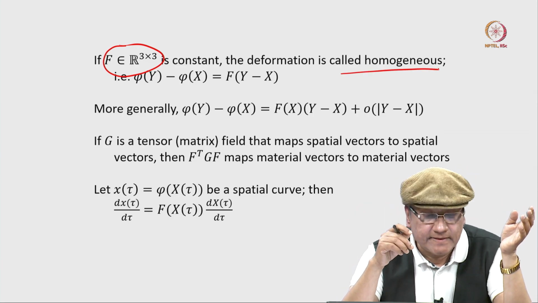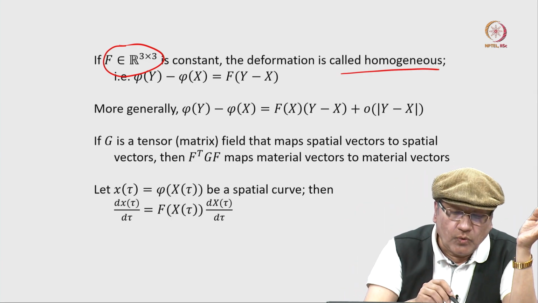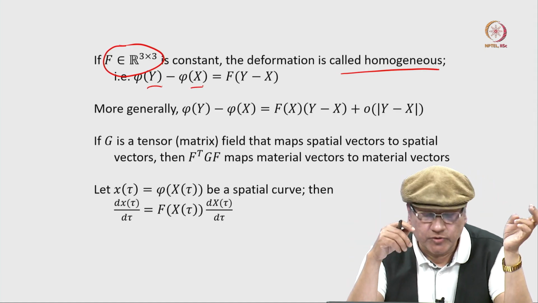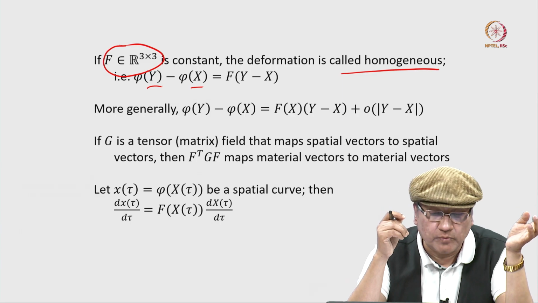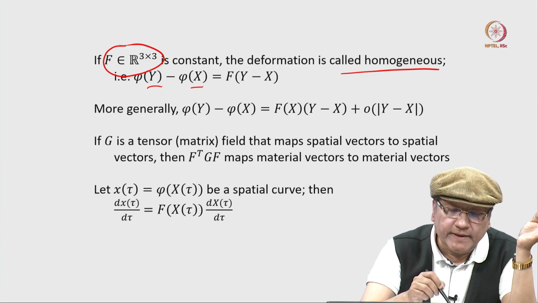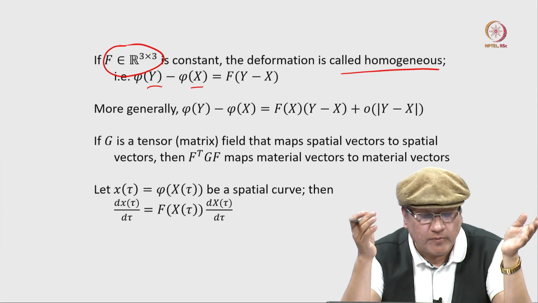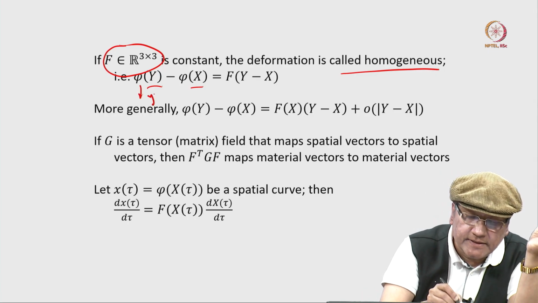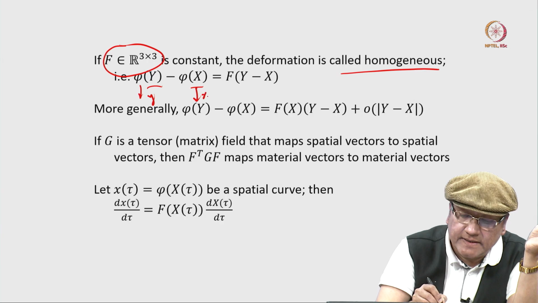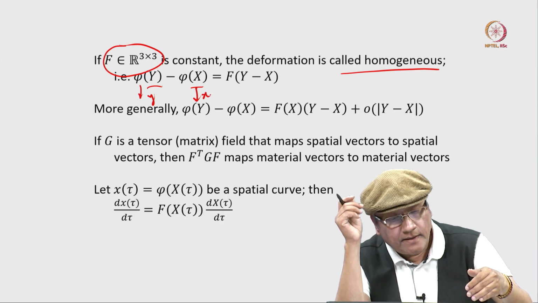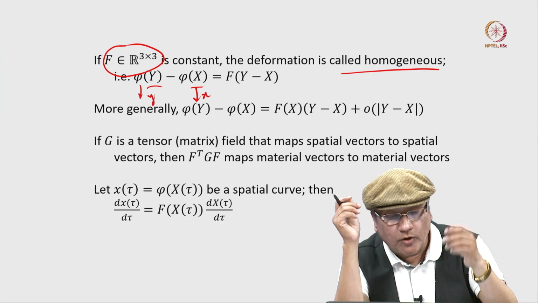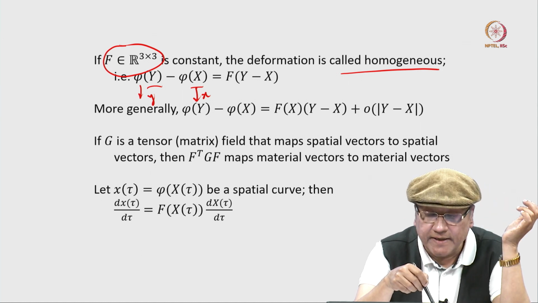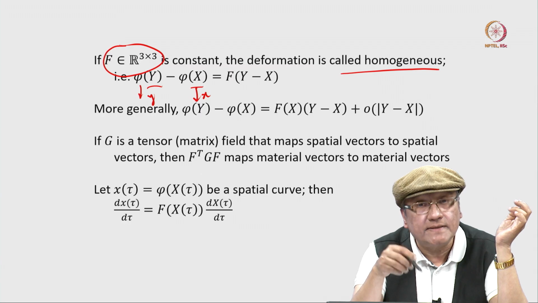In that case, if capital Y and capital X are 2 material points separated in the material body, or the undeformed configuration omega 0, then phi y and phi x are the corresponding deformed points. So phi y is basically small y, and phi x is basically small x. So small y minus small x is nothing but, because F is constant, F times capital Y minus capital X.